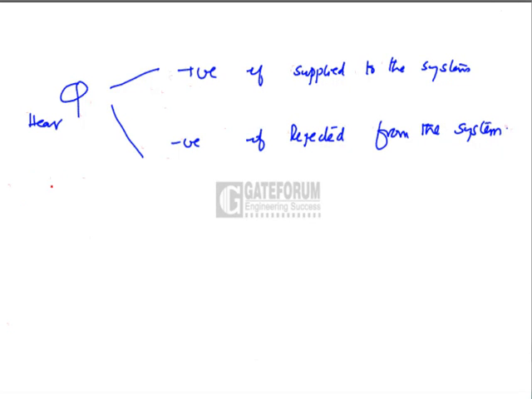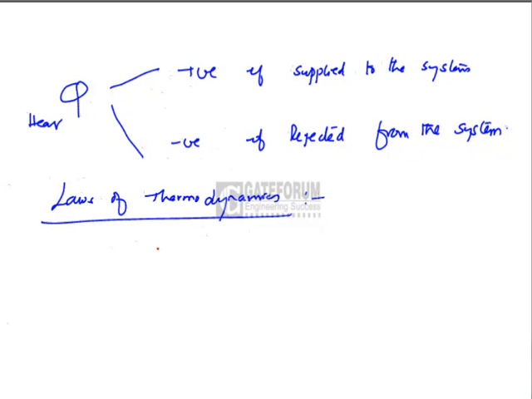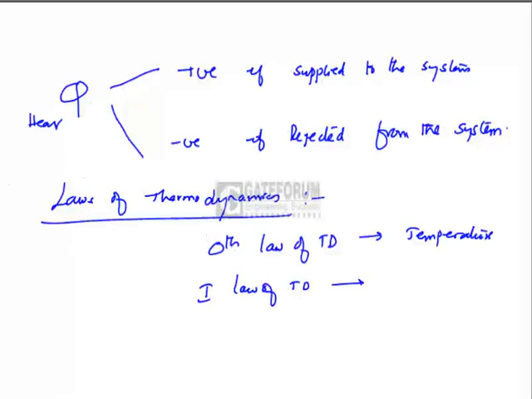Now, coming to the laws of thermodynamics, the fundamental concepts of thermodynamics. In total, we have three laws. Zeroth law of thermodynamics, which defines temperature as a property. First law of thermodynamics, which defines internal energy as a property.